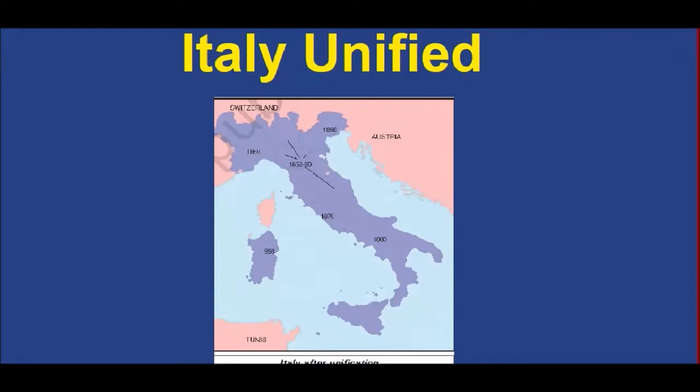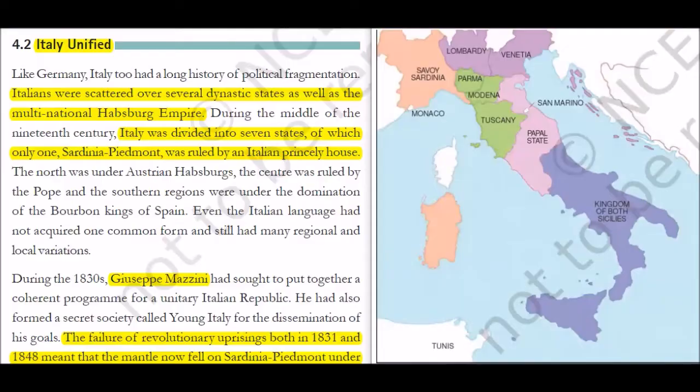Next, unification of Italy. Here you can see the map of Italy after unification. Like Germany, Italy was also divided into so many parts. There were 7 states in which Italy was divided at that time, of which only one, Sardinia Piedmont, was ruled by an Italian princely house.